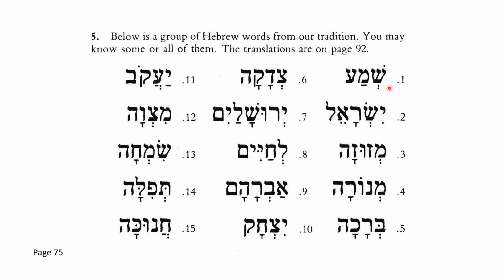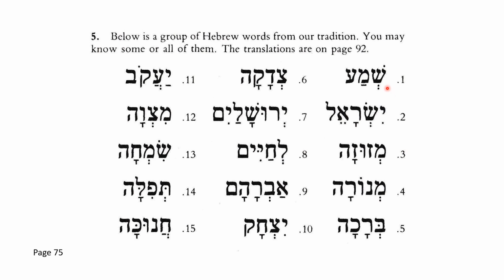So here we'll practice with these words, but if you go to page 92, you'll see the translation of each of these words. So we'll go ahead and read them normally. I'd read across, but since they're numbered, we'll follow the numbers down here. Again, I'll read first and then stop the video and practice on your own.